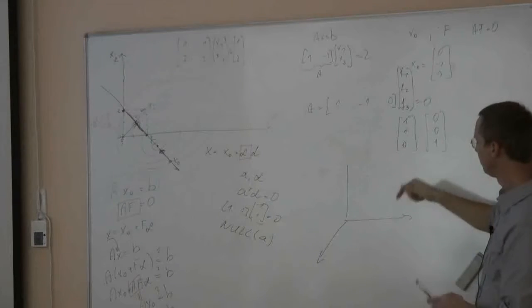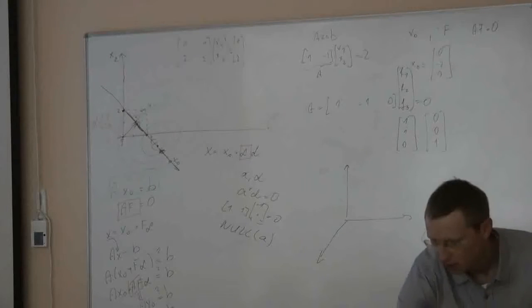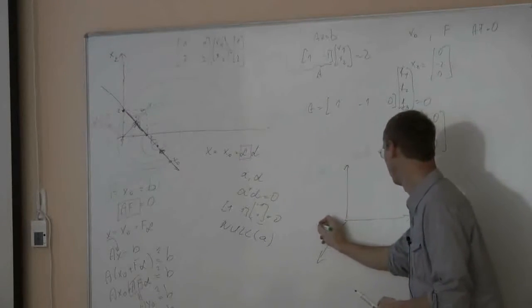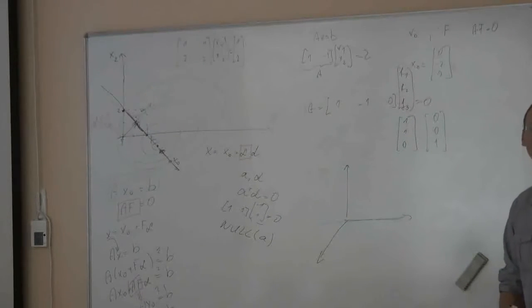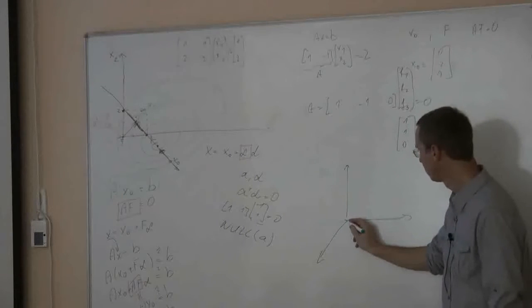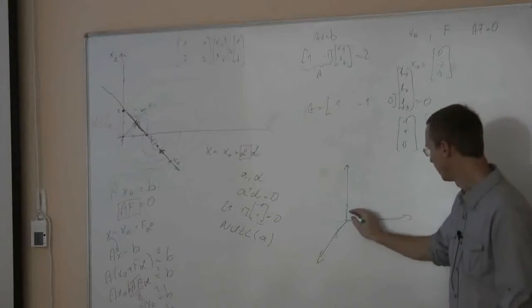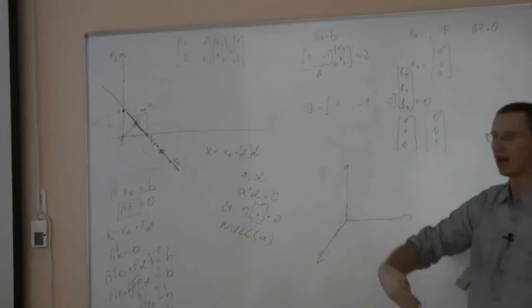But now we are saying we are in 3 dimensions, but we have only one constraint, which means the constraint could be, for instance, just this single axis. Here we have two principal vectors which are perpendicular to this axis. It's this vector, because there is a right angle there, and it's this vector because there is a right angle here.